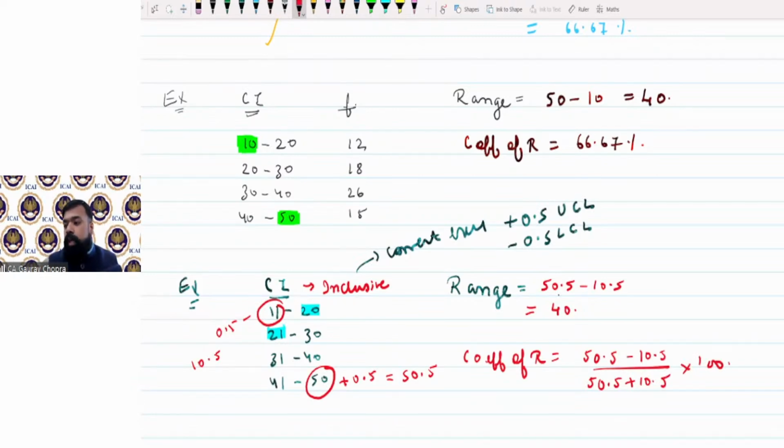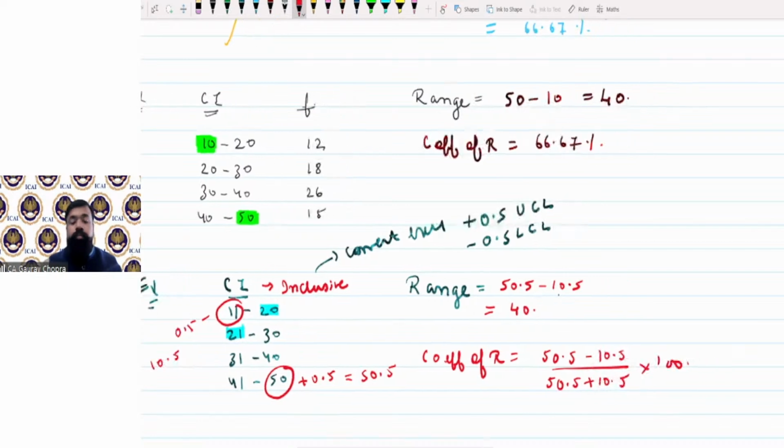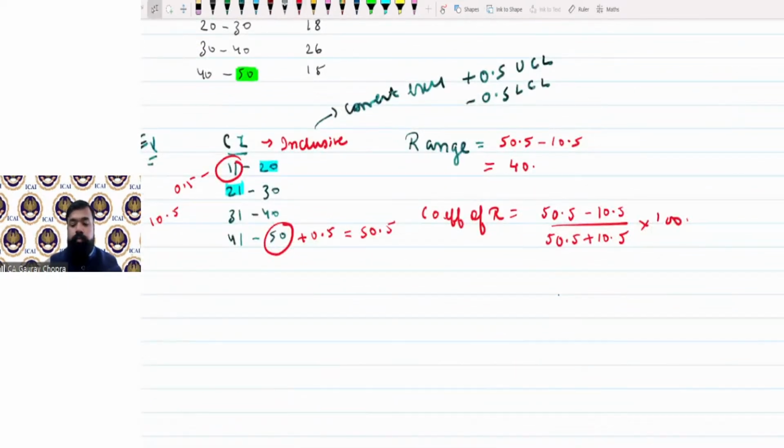So if you solve this, you will get 40 upon 61, and then multiply by 100.